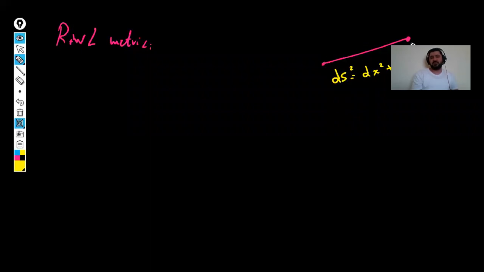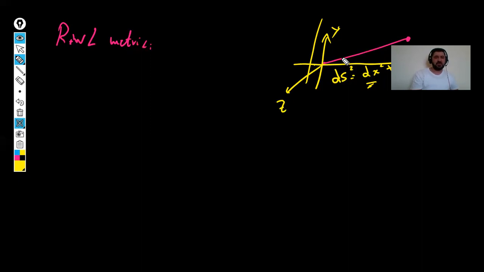If you take the Cartesian coordinates x, y, and z, then just take the components of the position of this point with respect to this point as differential elements, then use the Pythagorean theorem. So this is in Euclidean space.